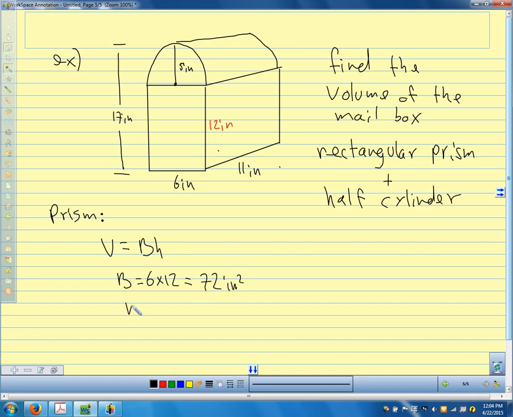So our height of our prism is what? 11, from one base to the other base. So the volume of the prism is 72 times 11, which is 792 cubic inches.